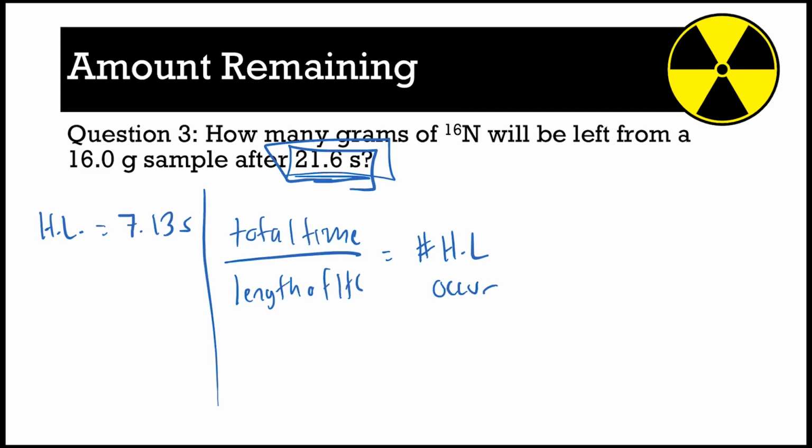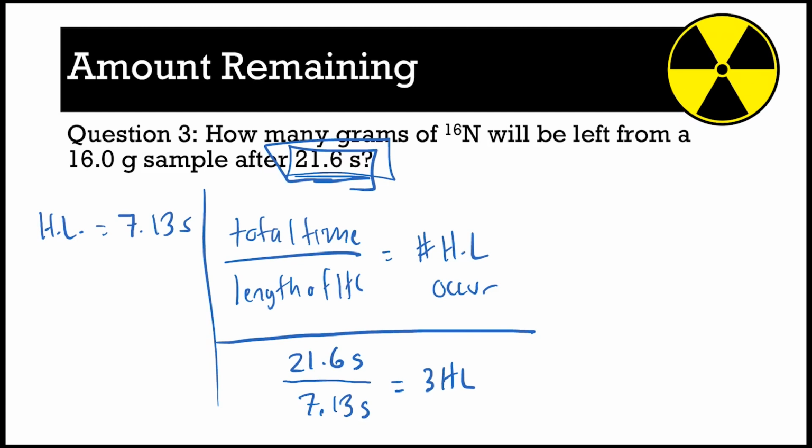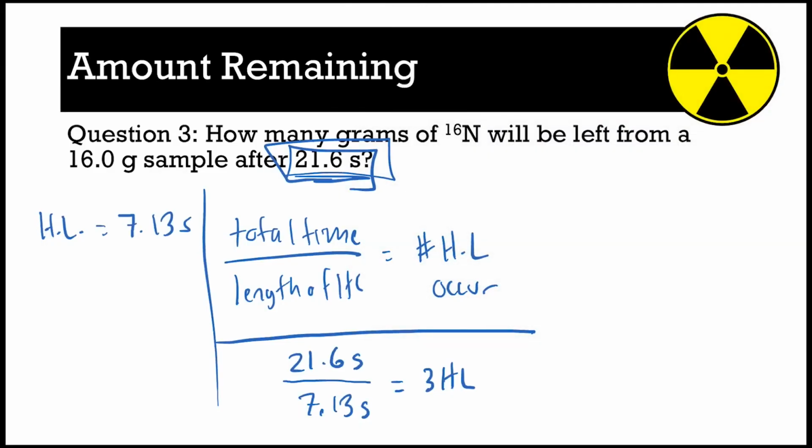So if we know that a total of 21.6 seconds went by, and one half-life is 7.13 seconds, we can see that 3 half-lives occurred. Now, that is not our final answer. Now we just know that we have to go through 3 half-lives.